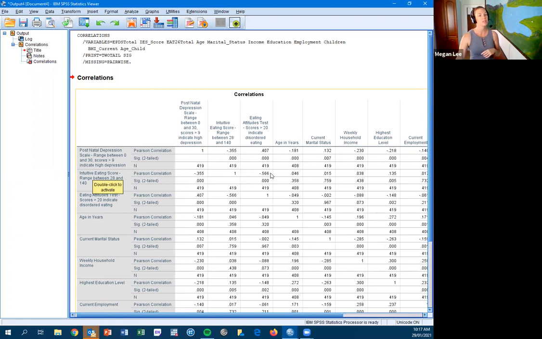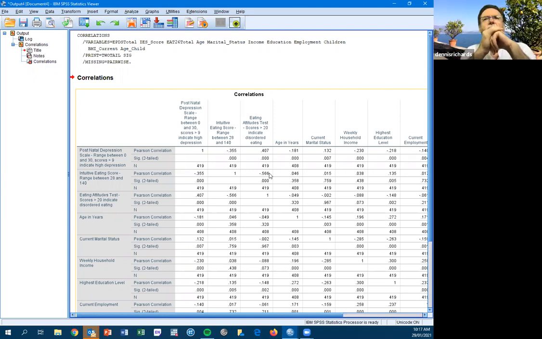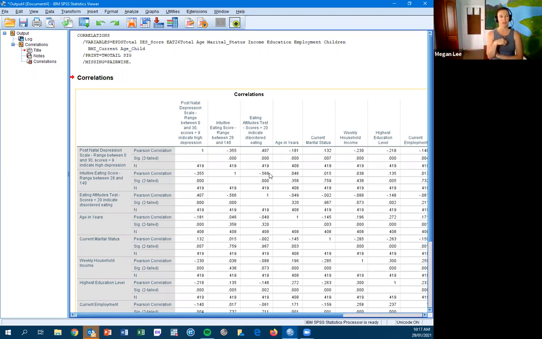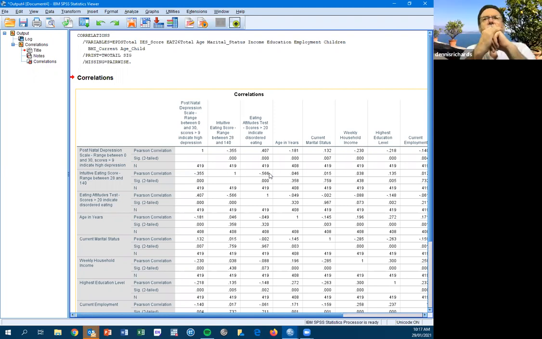What does that tell us? As disordered eating goes up, what does intuitive eating do? It goes down. Or the other way around: as intuitive eating goes up, disordered eating goes down. What is the strength of that relationship? Substantial. It's strong.